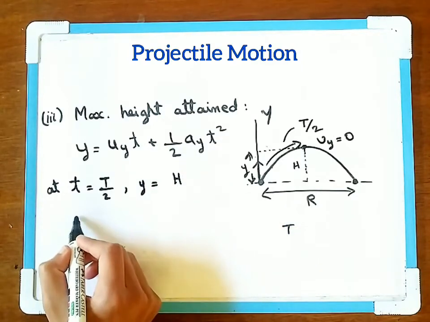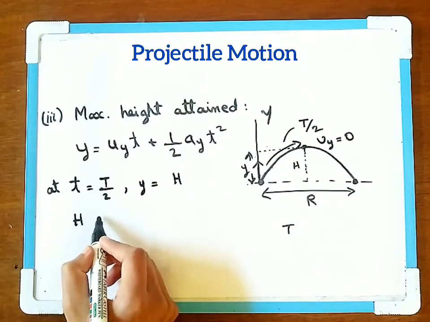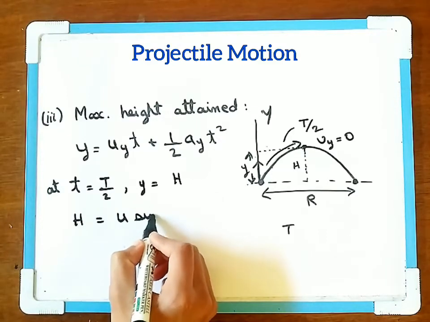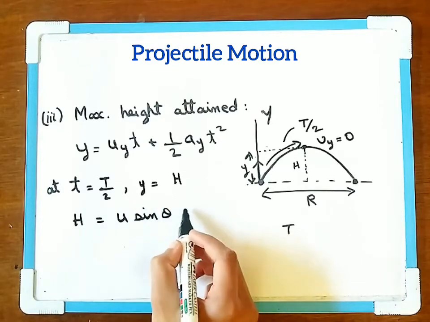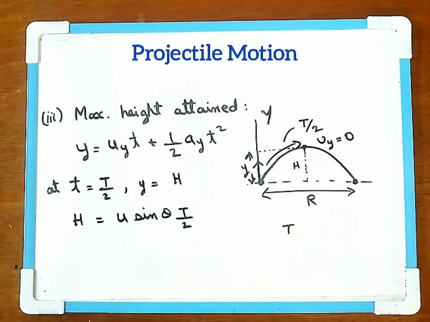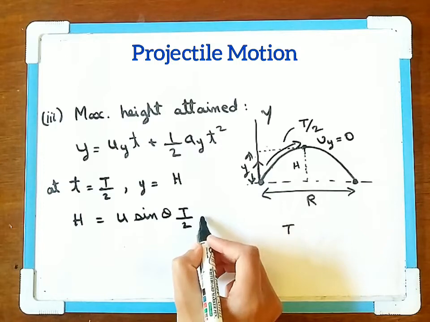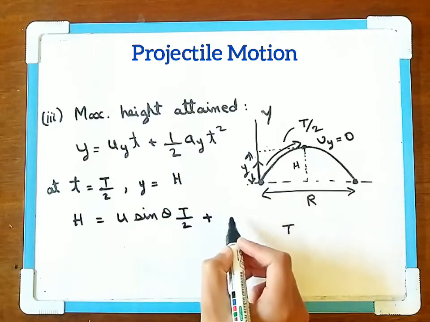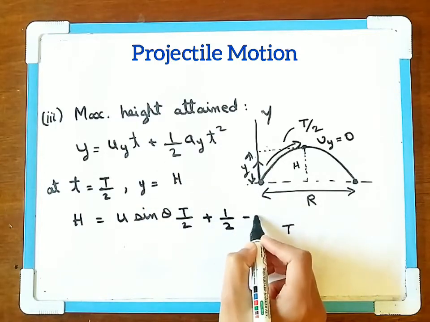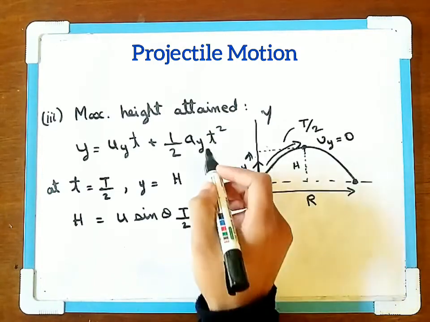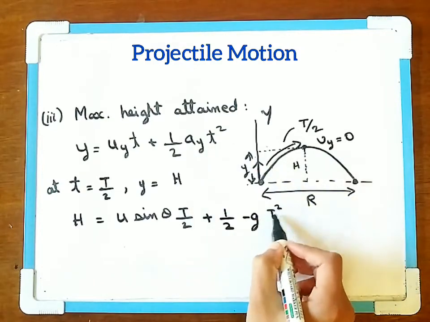So putting the value, we have h is equal to, now uy we know it's u sine theta, t is equal to T by half, then plus one half, then minus g, then instead of this you put T square by 4.